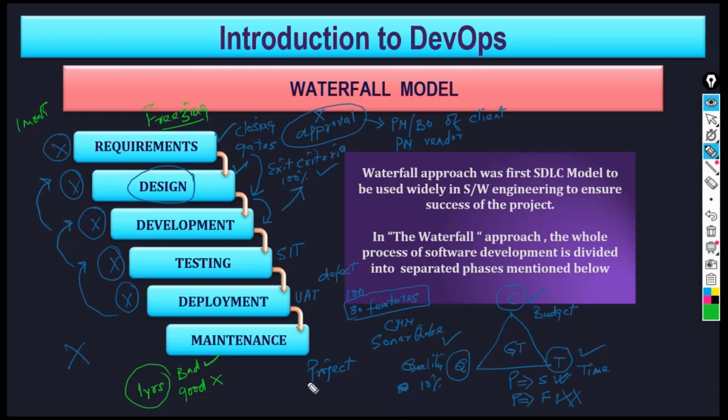Because you see, you are going back, you are consuming the time, the effort, the cost, and of course, the quality again, the UAT will happen again. And in the meantime, you have lost your valuable time.